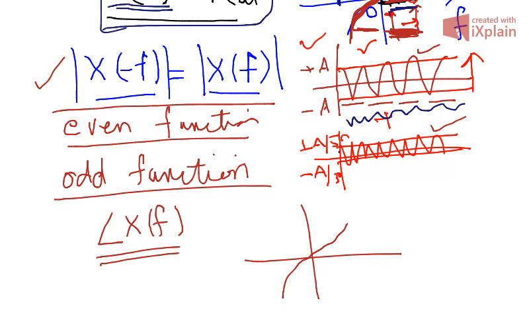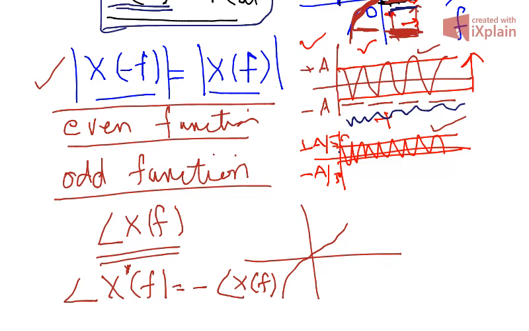Or in other words, we say that X conjugate of f has the negative of the angle of X of f.